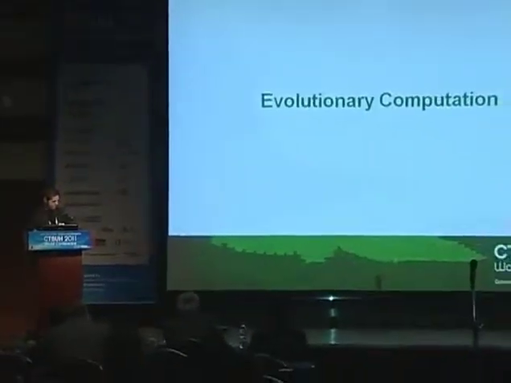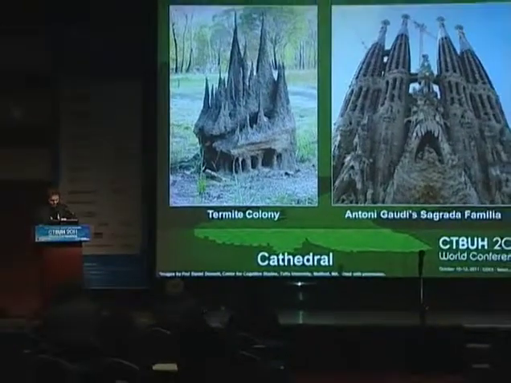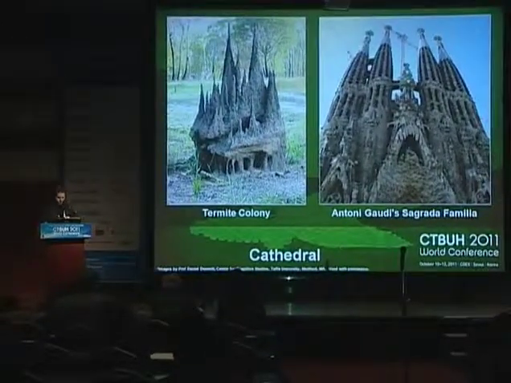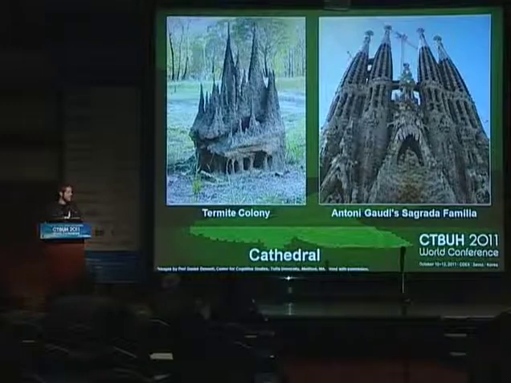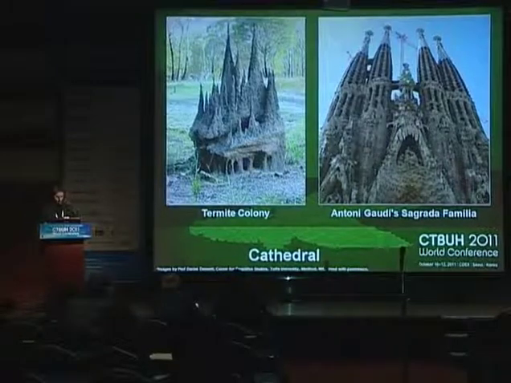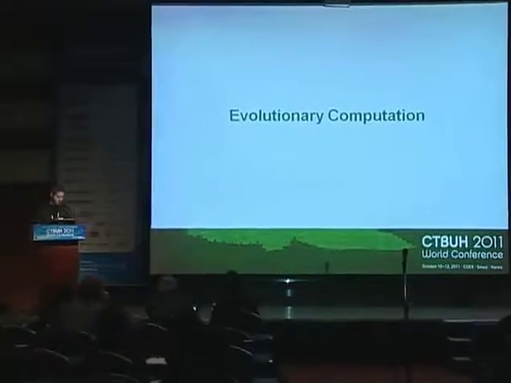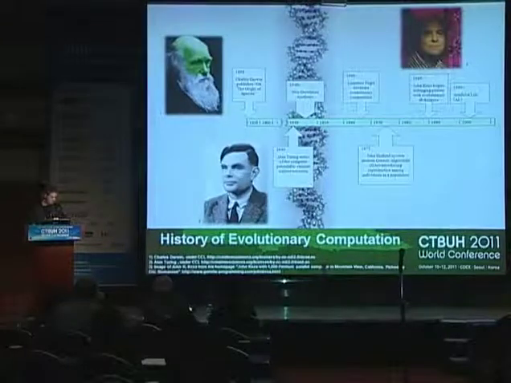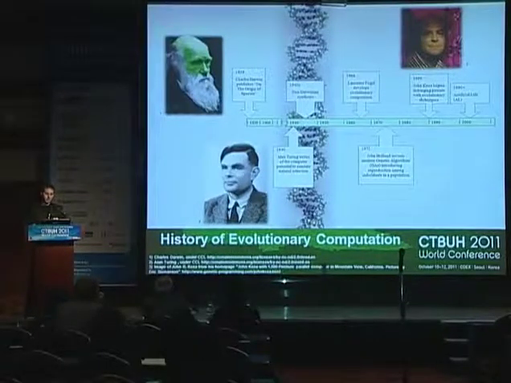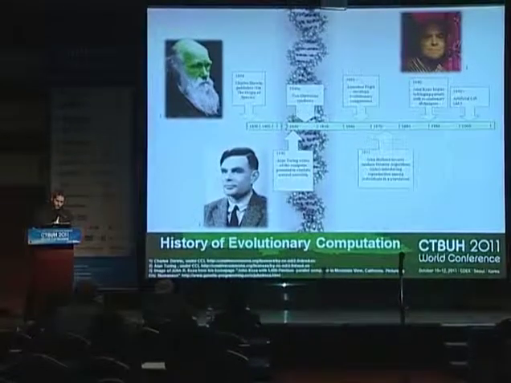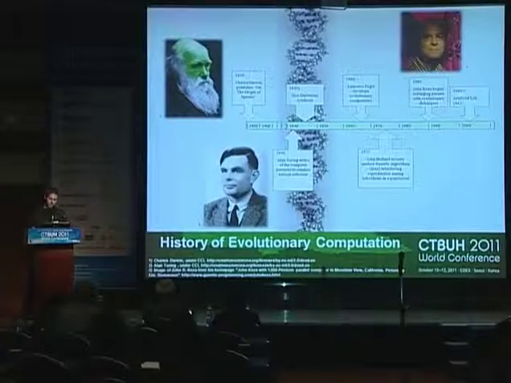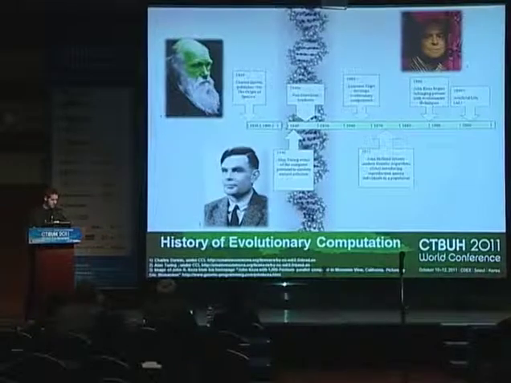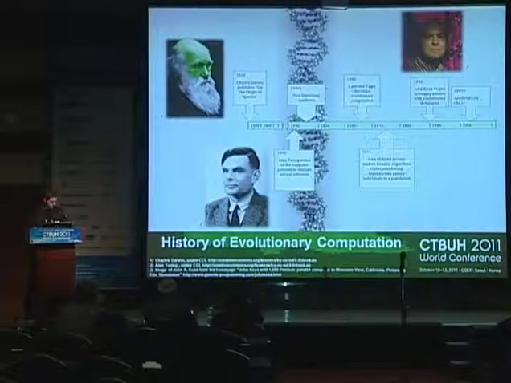The philosopher Dan Dennett points out that these are both fruits on the tree of life, although designed by very different processes. Evolutionary computation is the process of mimicking biological evolution, and people have been thinking about using computers this way since World War II.